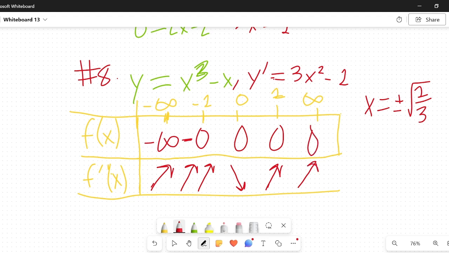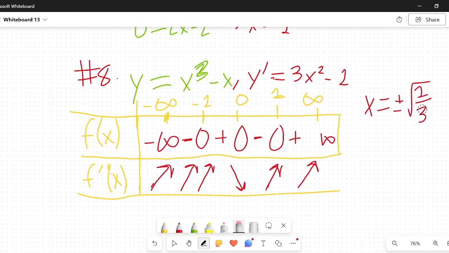So based off of this sign chart, it's going to be positive here, negative here, positive here, and then infinity here. So it's increasing on the interval from negative infinity to negative square root of 1/3.